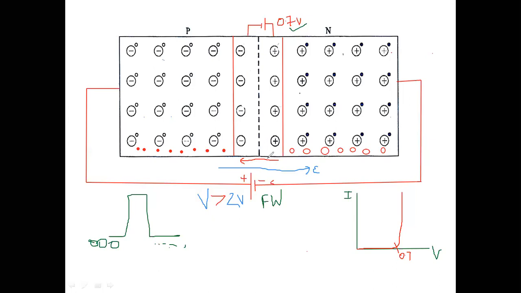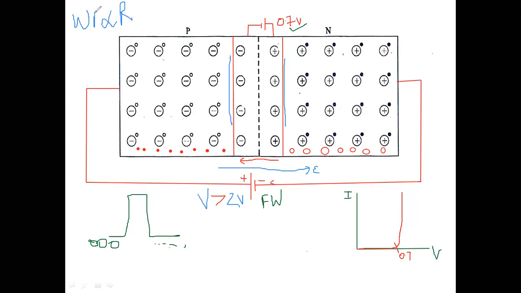So what will happen, this difference voltage will be applied across the junction. In forward bias condition, just now I have told you the current increases, and this junction width is proportional to resistance.